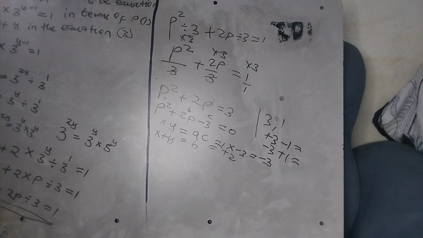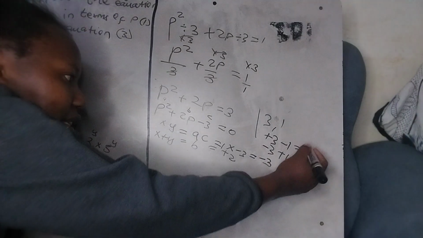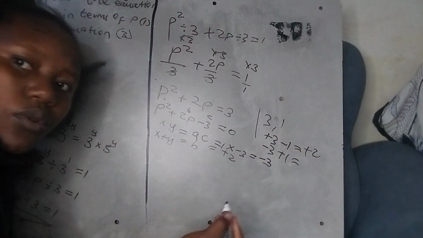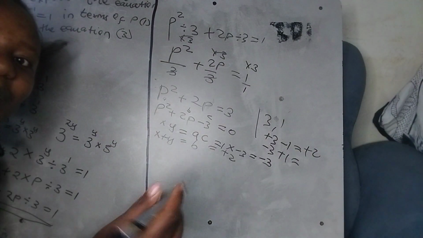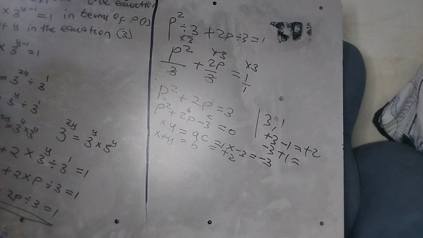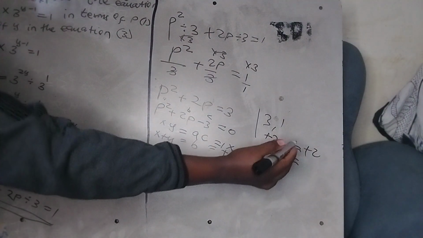If I clear my debt, I remain with 2 bob. So 2 bob, we will put it as a plus 2.